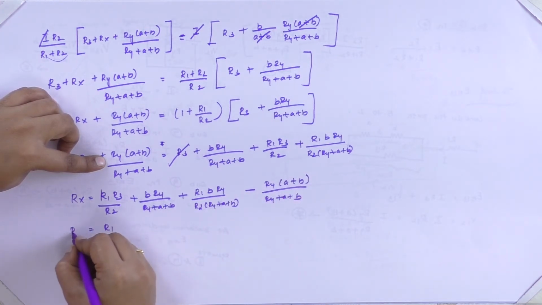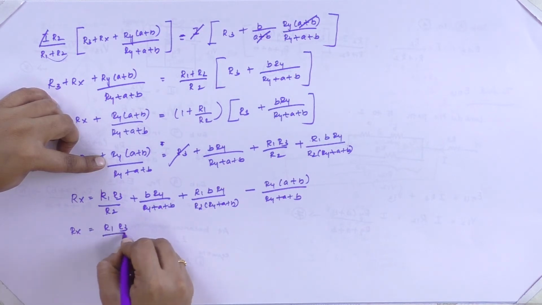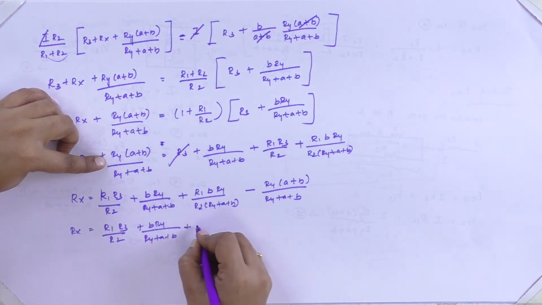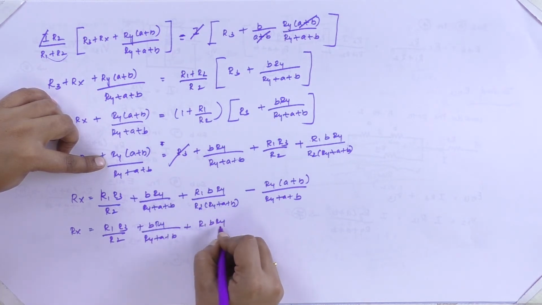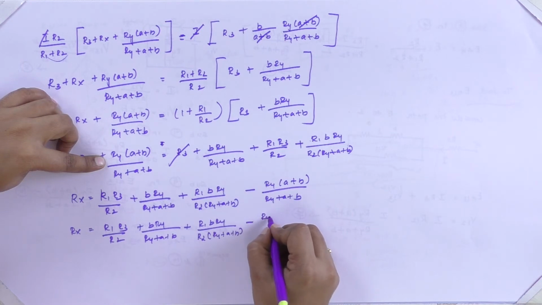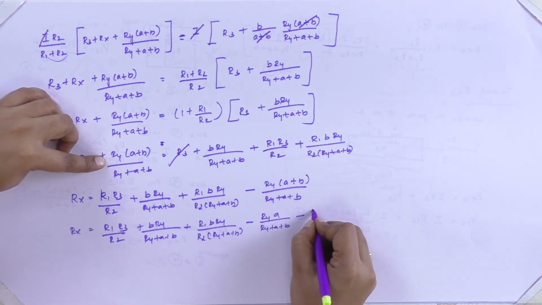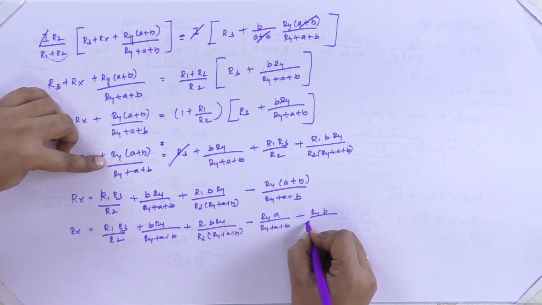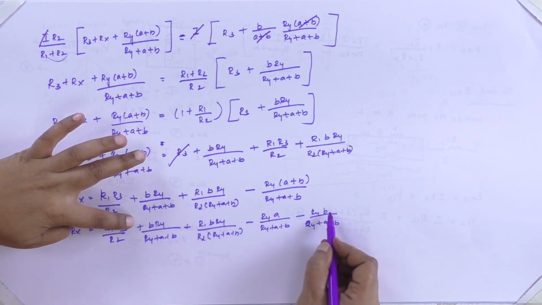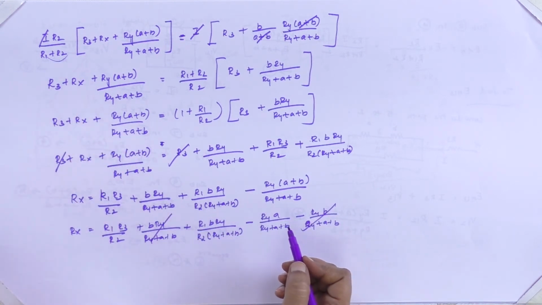So Rx will be equal to R1 R3 divided by R2 plus B Ry divided by Ry plus A plus B plus R1 B Ry divided by R2 into Ry plus A plus B minus, I am going to remove the bracket, so I will get Ry A divided by Ry plus A plus B minus Ry B divided by Ry plus A plus B. So the B Ry terms will get cancelled.